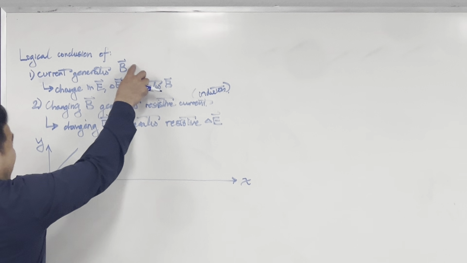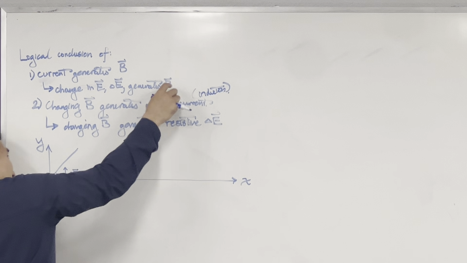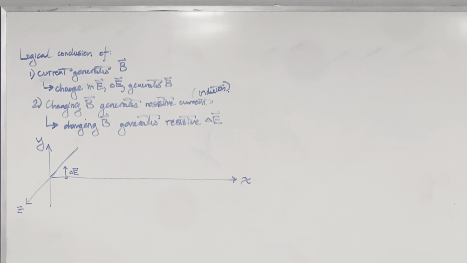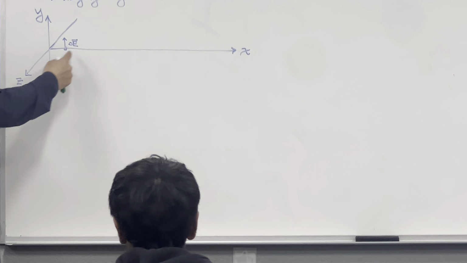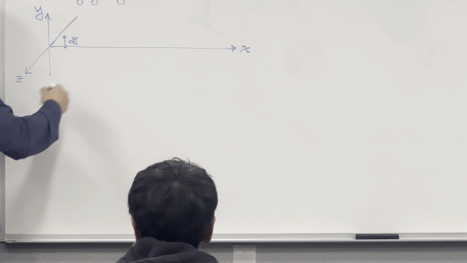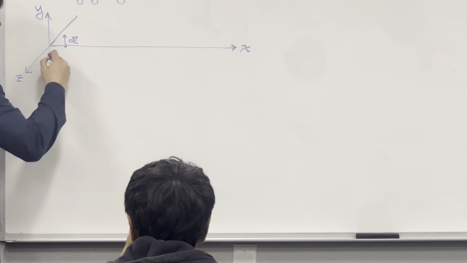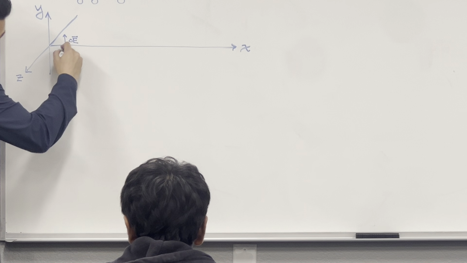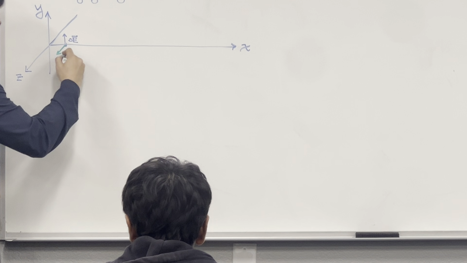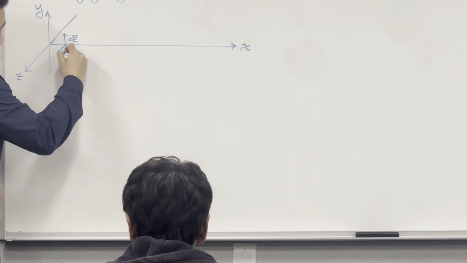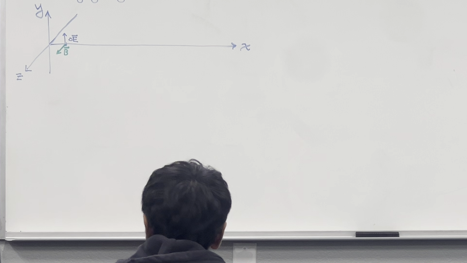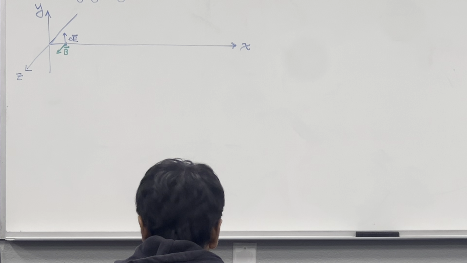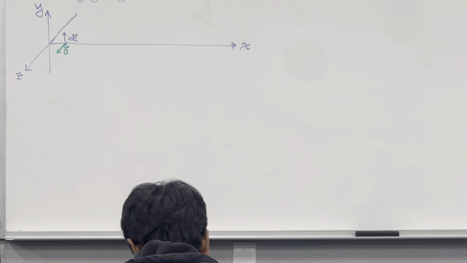Now this delta E is going to generate a magnetic field B, and it's going to be in the Z direction. We'll call this B. But guess what?